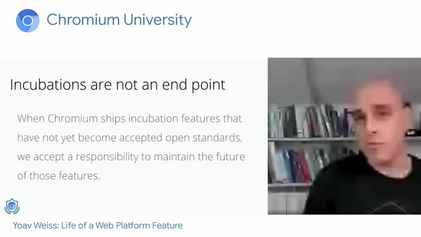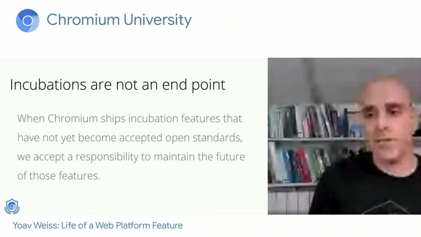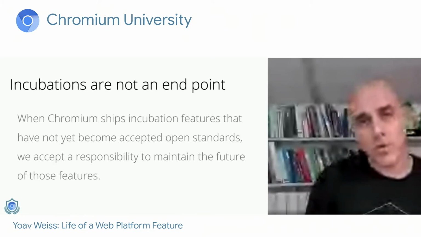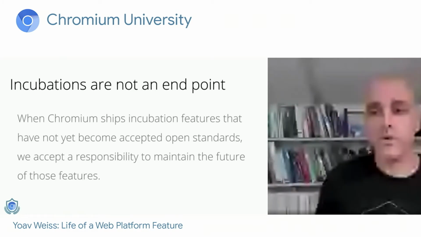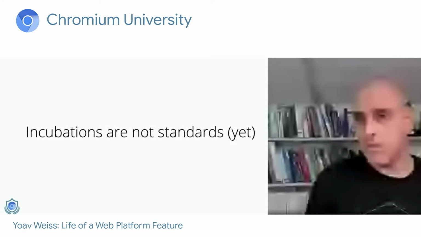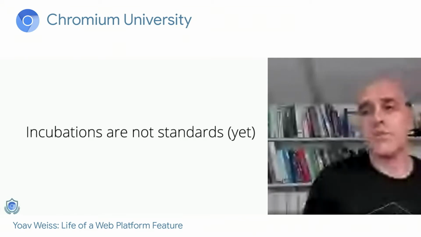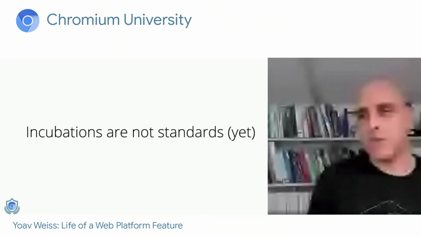If those features do get picked up later by other vendors, we have a responsibility to work together with them and potentially change what we already shipped in case it is truly necessary in order to make them into cross-industry standards. Incubations are not standards yet. Incubations only turn into standards when a sufficient cross-industry set of participants in open standards agree that they should become interoperable standards.